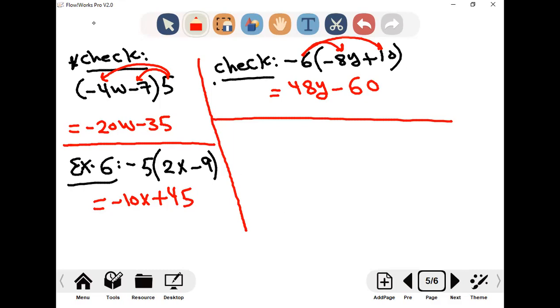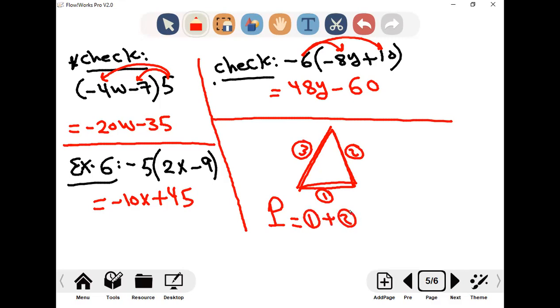If we have a triangle, we know the area of the triangle is half the base multiplied by height. Do you have the perimeter? The perimeter is the addition of all the side lengths. So if this is side 1, side 2, side 3, the perimeter is the sum of side 1 plus side 2 plus side 3. This is the perimeter. Let's go to the apply now.